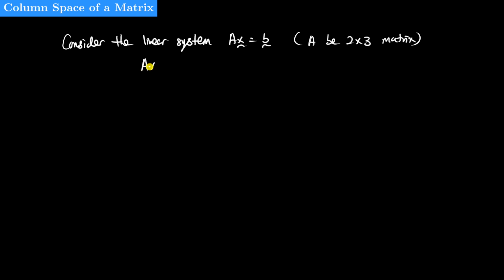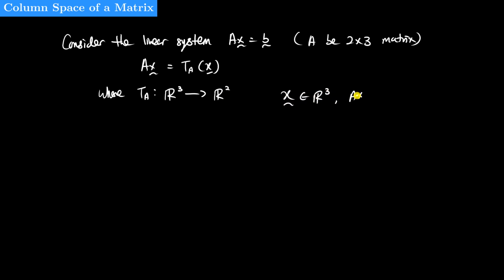Then the product Ax can be seen as the image of x under the linear transformation T_A, where in this case T_A maps the vector x in R3 space to the output Ax in R2 space, and our b is also in R2 space.